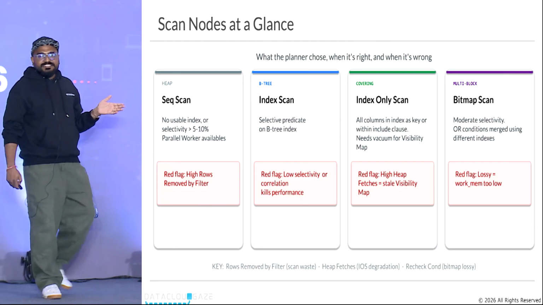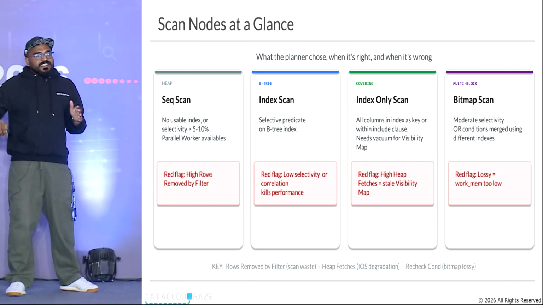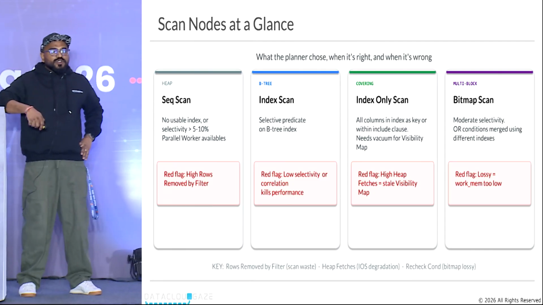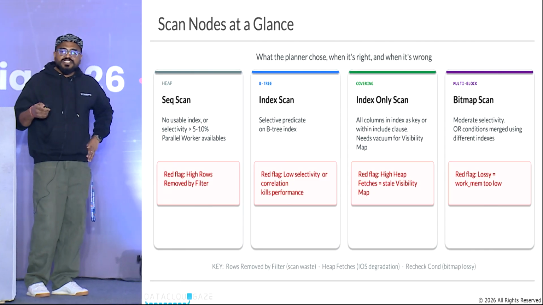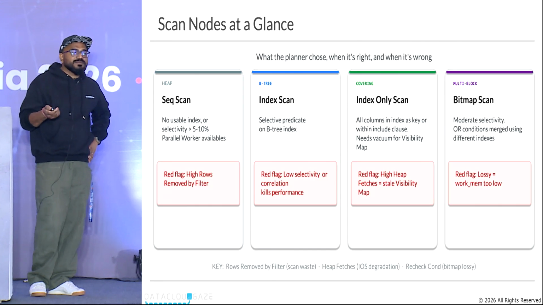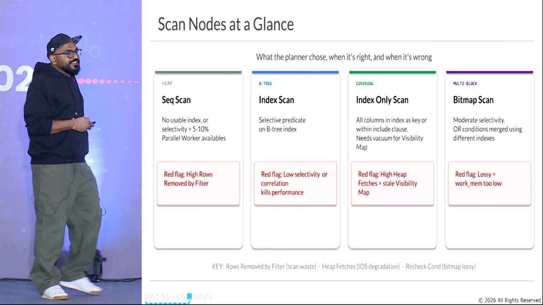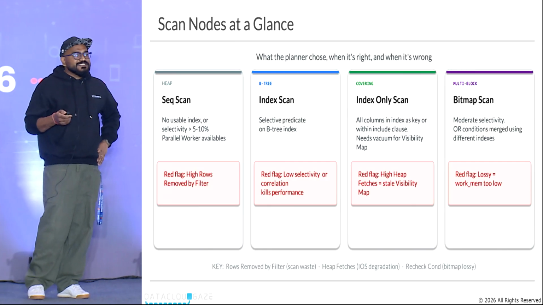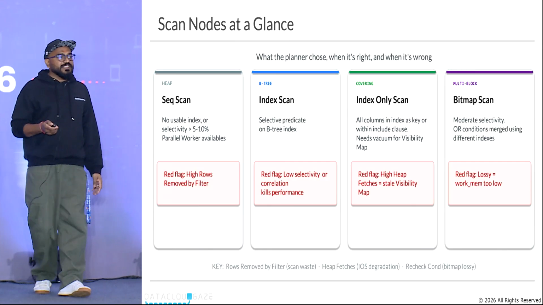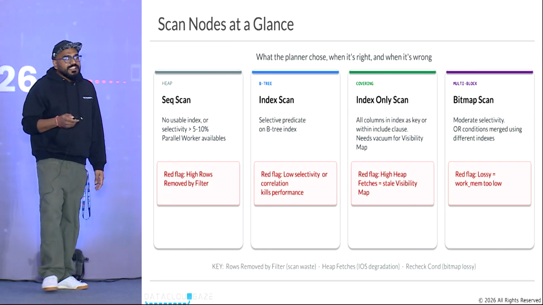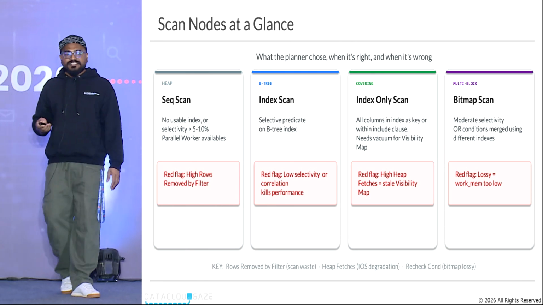And we also have index scan, which means the access predicate is based on your leading column from an index. You start your search from the index, and you might come to the table for additional information, or you might not. When you don't come to the table, that is called an index-only scan, which means that all parts of your query, whether in the where clause or select clause, are satisfied by the index itself.